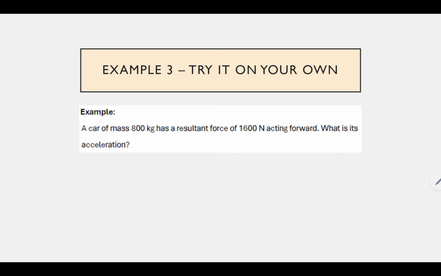Third example, pause the video, try it on your own, and unpause. A car of mass 800 kilograms has a resultant force 1,600 newtons forward. What is the acceleration? So we're going to use the same equation we took, which is force is equal to mass times acceleration.